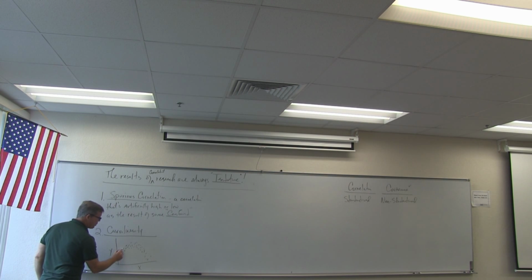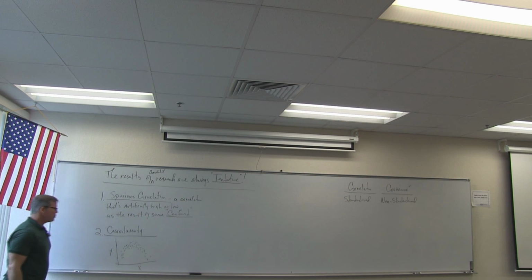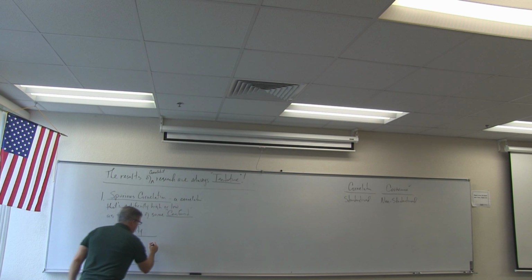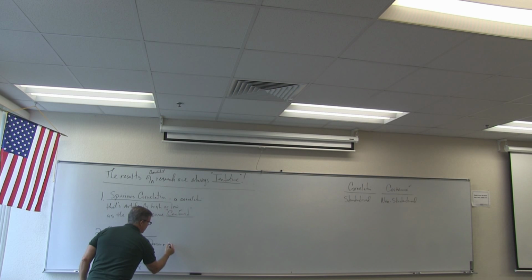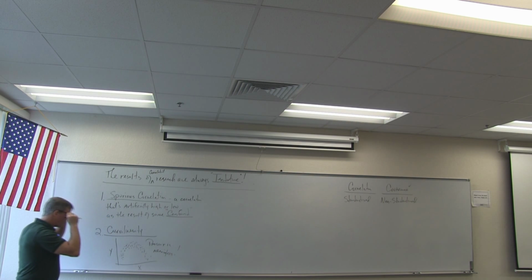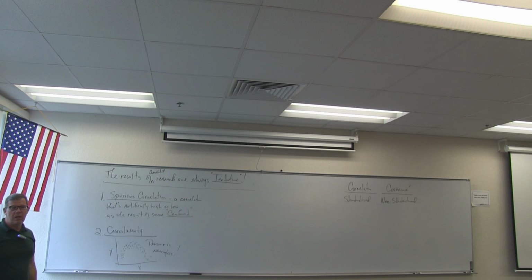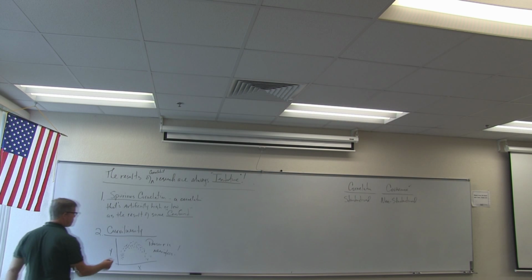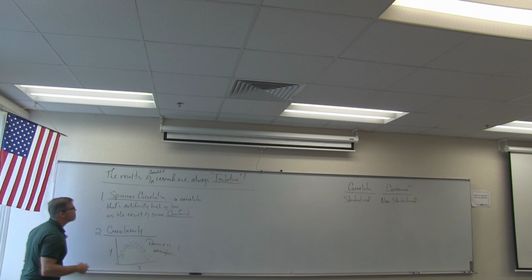We have a curvilinear relationship. Pearson R is meaningless. So we might see a Pearson R reported, and we have no idea what the scatter plot looks like. The people reporting this Pearson R really had no idea what they were reporting. And if the scatter plot looks like this, Pearson R is actually meaningless.